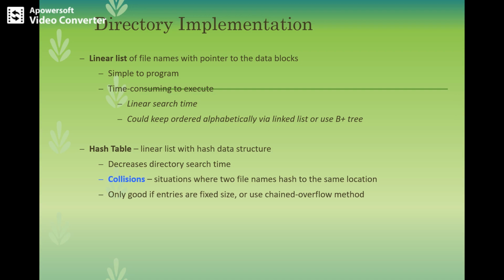The third alternative is to copy the last entry in the directory to the freed location and decrease the length of the directory. We can also use a linked list. A linked list can also be used to decrease the time to delete a file.